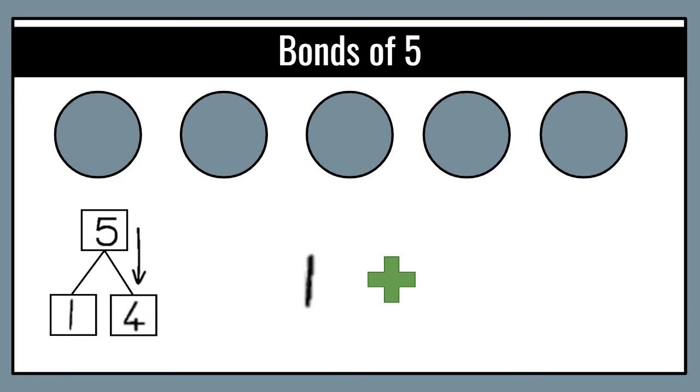Number 4. Well done. Now, let's use Mrs. Equal to look at the answer. If you have counters, you can pack them. 1 plus 4 equals 5. Well done. Now we know that 1 and 4 are bonds of 5.